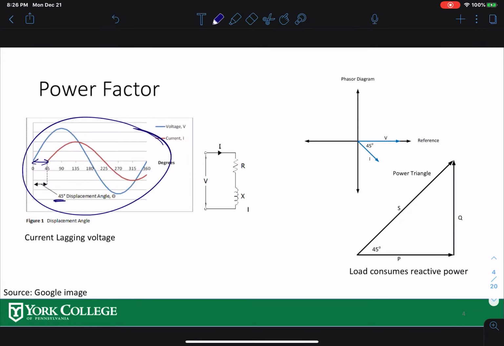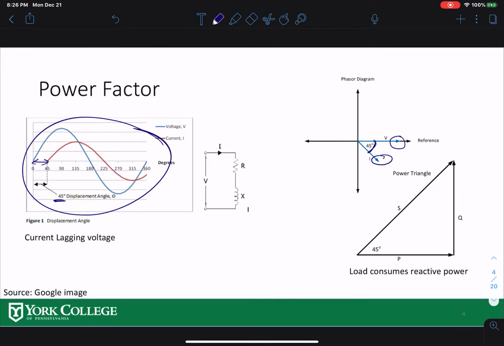We discussed that in the previous classes. This is the reference, your voltage right here, and your current right here is 45 degrees away from the voltage, lagging. So your current is lagging behind the voltage.